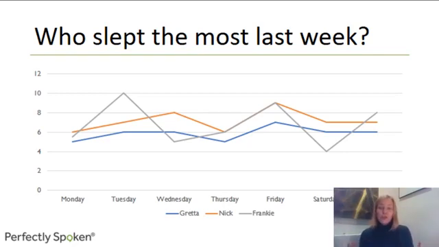Now, if we look at the blue, Greta, she sleeps more or less, it's kind of steady, but she sleeps between, I would say, 4.5 hours and about 7 hours, so not very much. Probably because she's got a dog and a cat, and they wake her up in the night and in the morning.